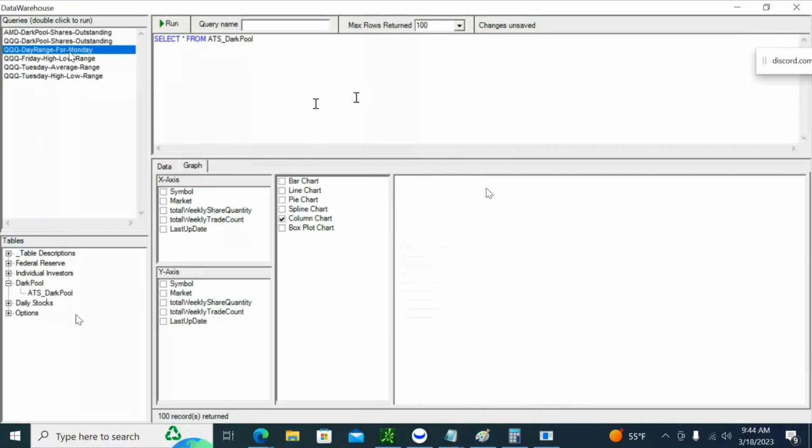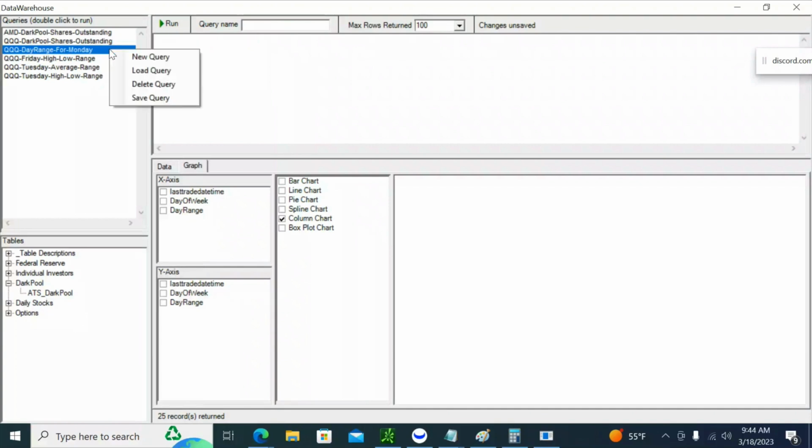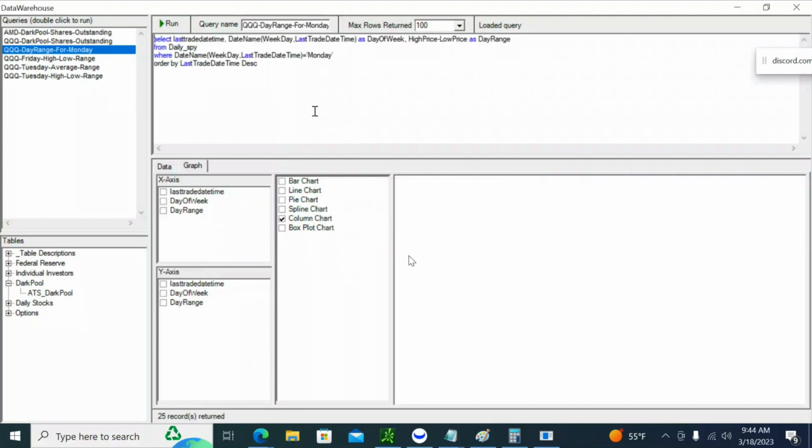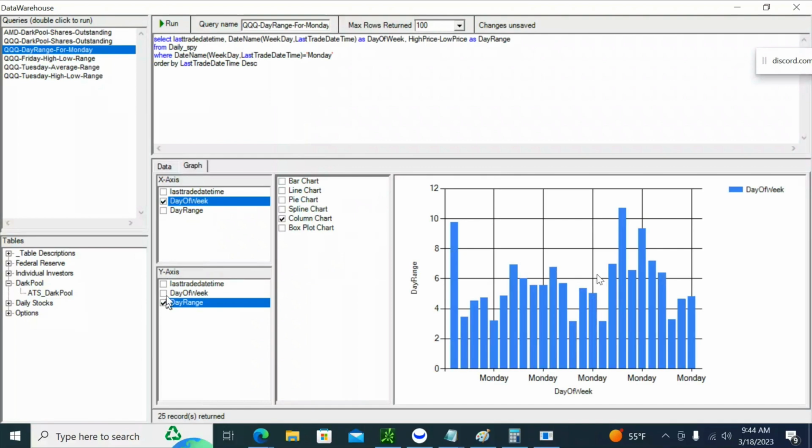So I use this a lot. This takes all the guesswork out of it. If you want to see how Mondays look in a range for anything, you can come in here and pick your table, whichever tables are supported in here.